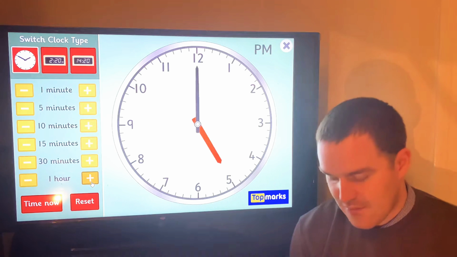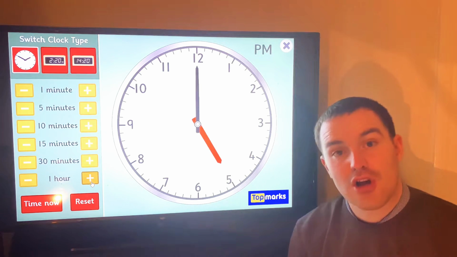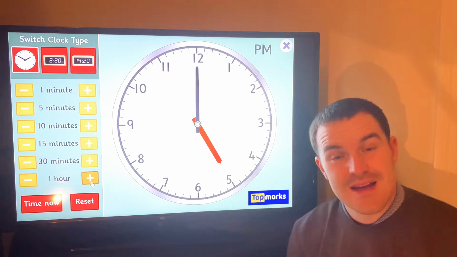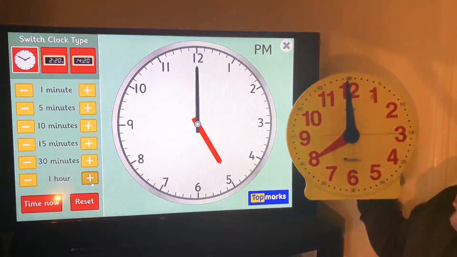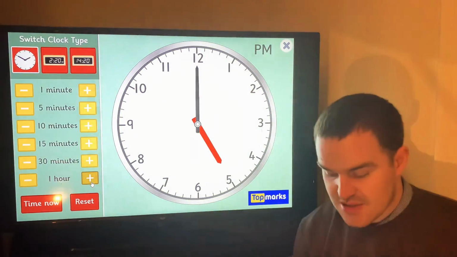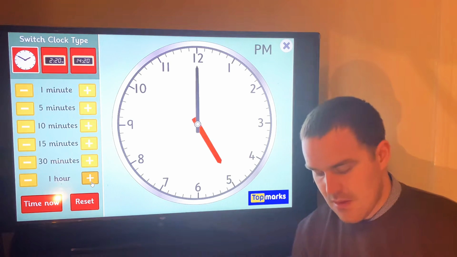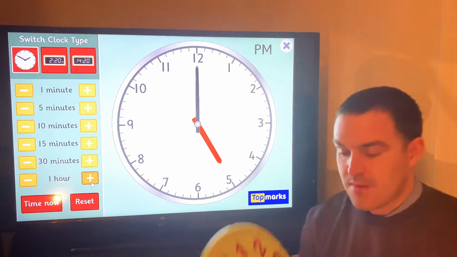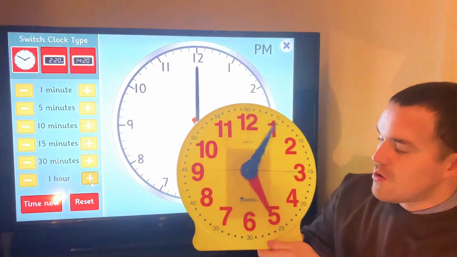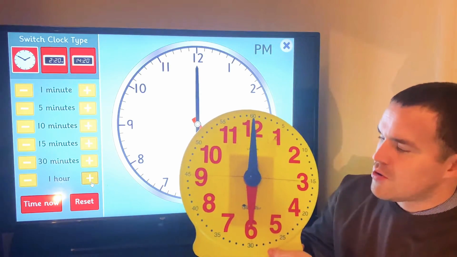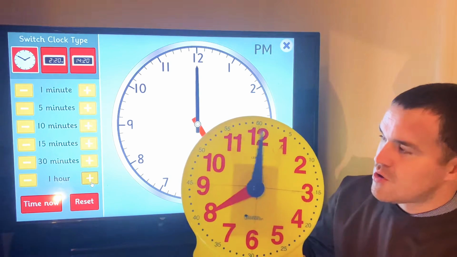Let's stick with 5 o'clock then, okay? This time I want to go from 5 o'clock to 8 o'clock, okay? How many hours is that? So I'm going to put my clock back to 5 o'clock, and I'm going to go until I get to 8 o'clock. 1 hour, 2 hours, 3 hours.